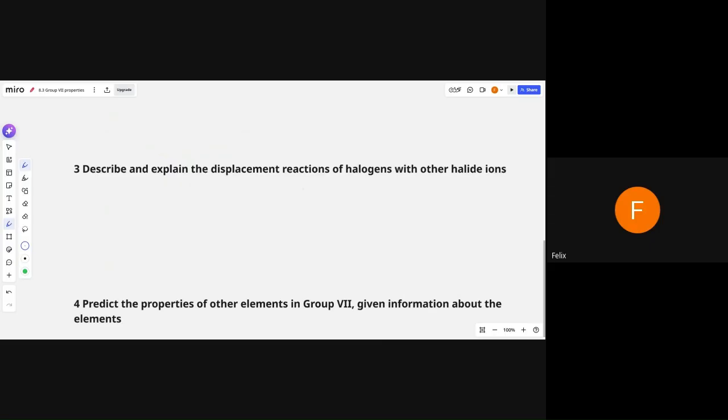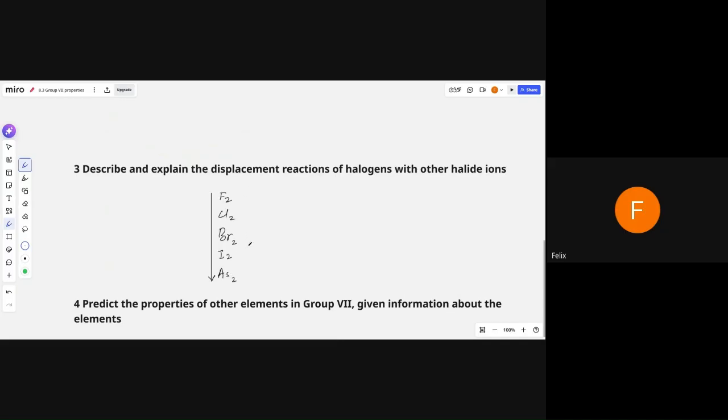So let me explain. Remember that as we move down the group, which we just learned, their reactivity decreases, right? So F2 will be more reactive than Cl2, and Cl2 more reactive than bromine, and bromine more reactive than iodine, and iodine more reactive than astatine, right?